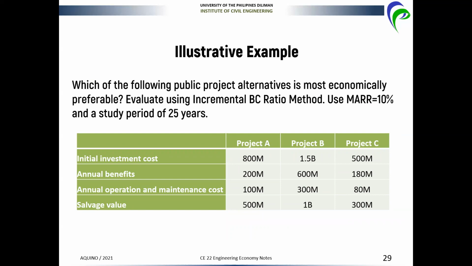So, projects A, B, and C, these are their cash flows. And then the benefit cost ratio, do you all know how to calculate the benefit cost ratio given these values? Thumbs up if yes.